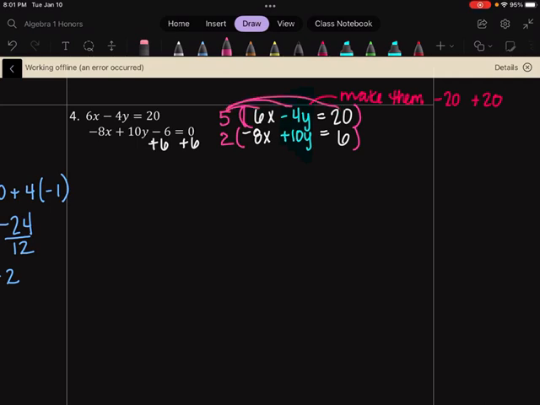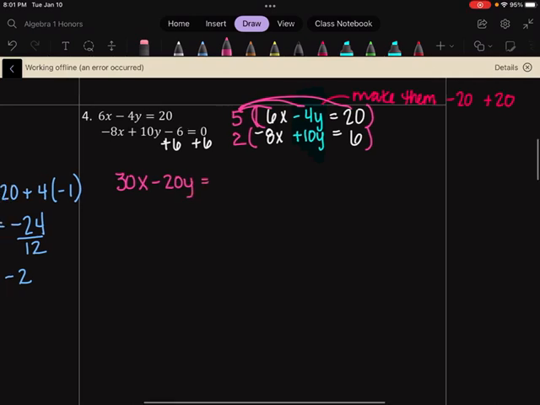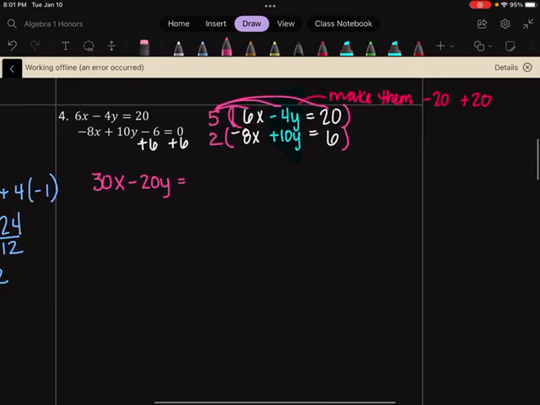So 5 times 6, we get 30x. 5 times -4 is -20y. And then is equal to 5 times 20, which is 100. And then we distribute the 2 inside of here.